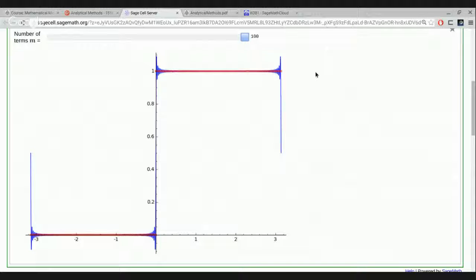But the problem is that these large oscillations will always be there. For sure, they'll get squashed tighter and tighter into 0, and in the limit, they'll disappear. But at any particular partial sum, they're always going to be there.